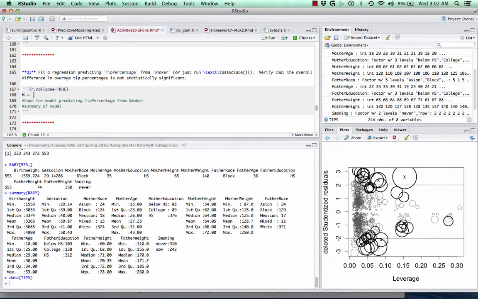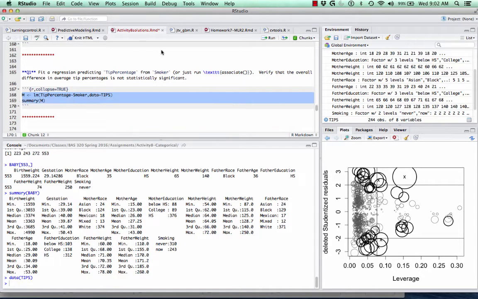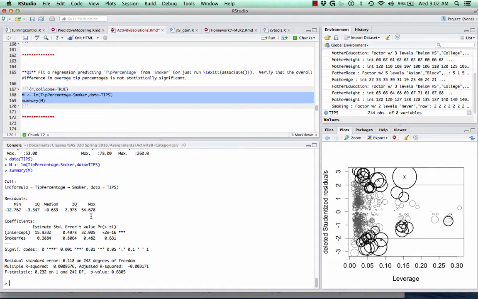So let's fit a model predicting tip percentage based on smoker from this TIPS data set. So if we do this and then look at a summary, since there are no other predictors in the model, then the coefficient of the indicator variable for smoker is telling us the difference in the average tip percentages between tables seated in the smoking area versus tables seated in the non-smoking area.